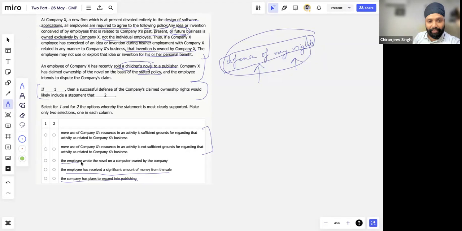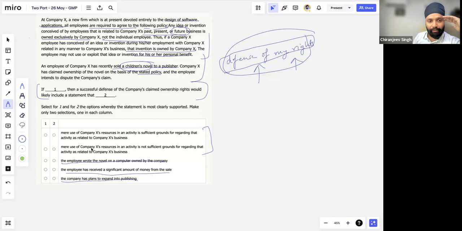And then I could connect it that this is also using companies' resources. And this is also talking about using companies' resources. Then I thought about it. Okay. So if the employee wrote the novel on a computer owned by the company, okay, if the employee has used a computer owned by the company, and if I say mere use of company's resources is sufficient grounds for regarding that activity as related to company X's business.